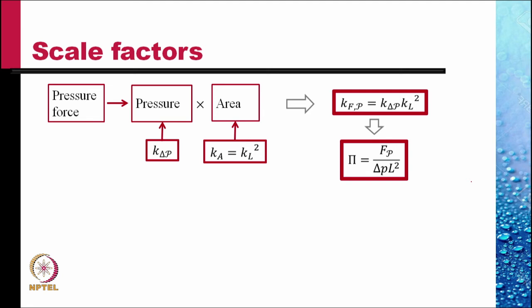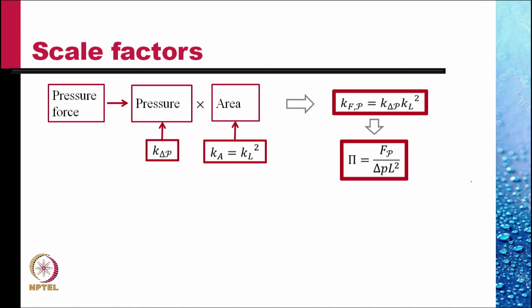The third pi number we deal with is the pressure force, which is pressure into area. For pressure, or rather pressure difference, we have K delta P, and for area we have KL square.